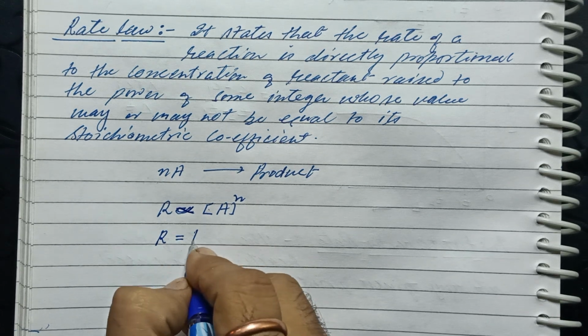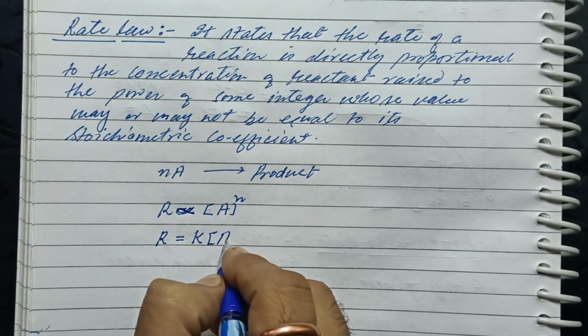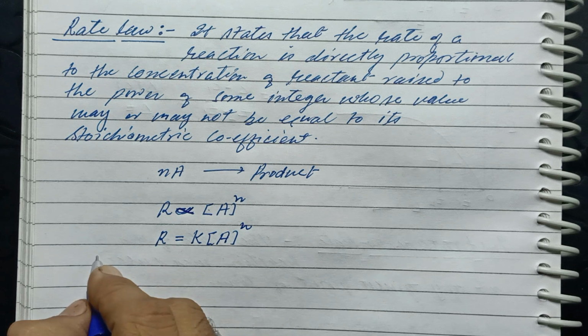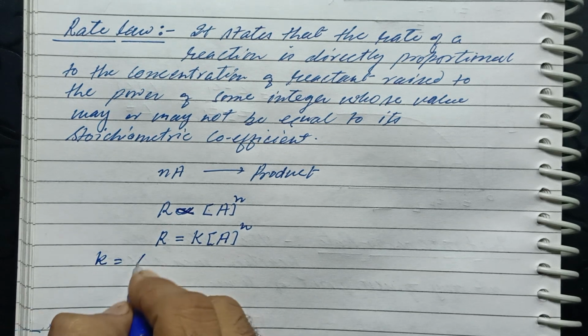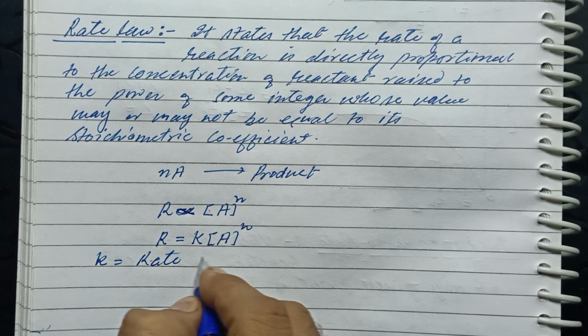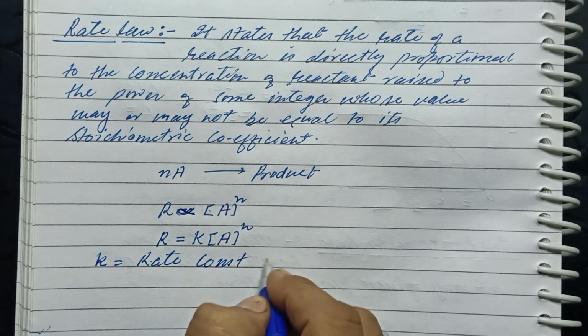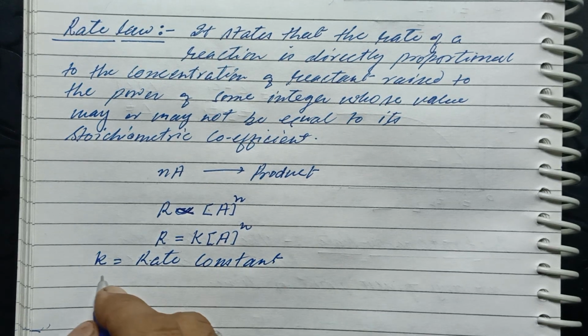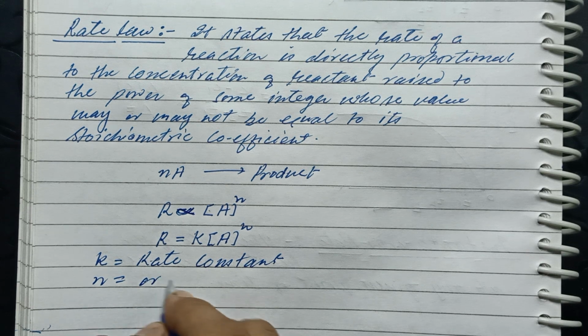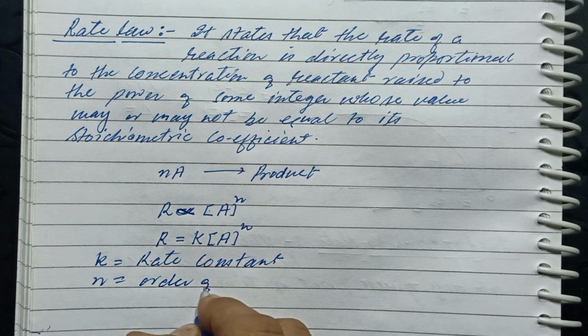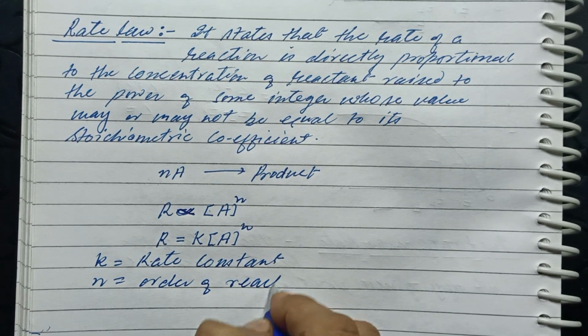R is equal to some constant K, A power n. K is called the rate constant, and this power is called the order of the reaction.